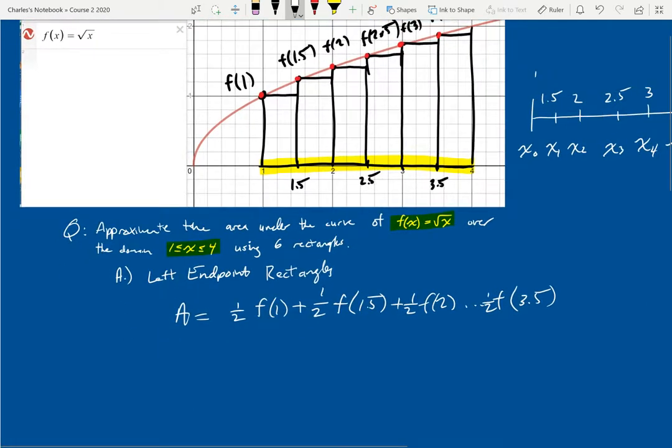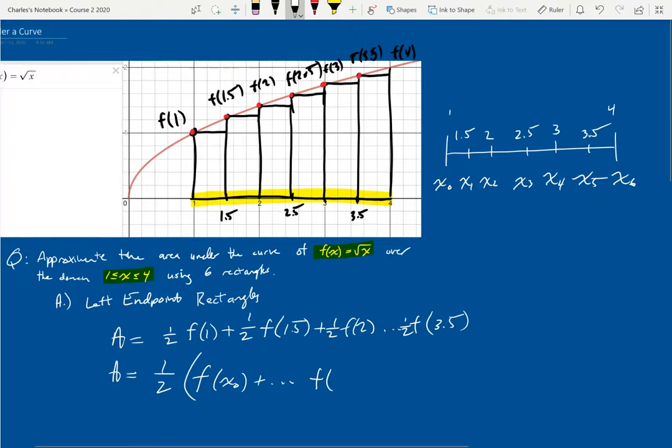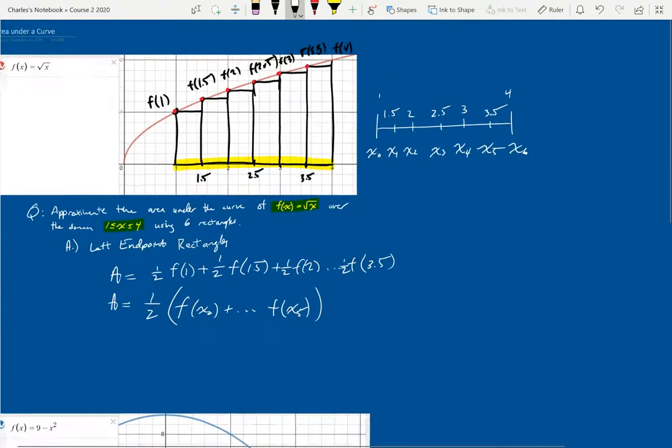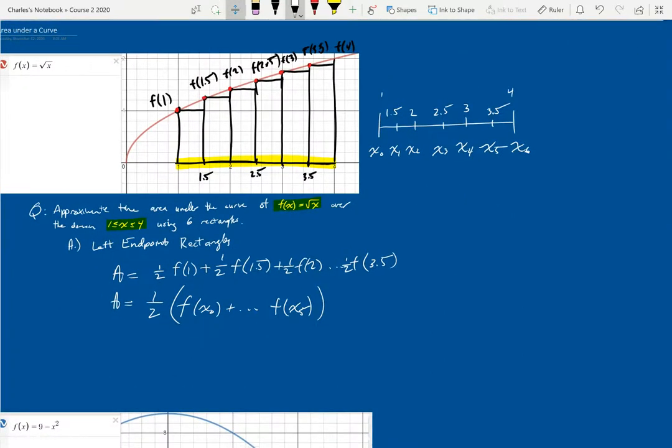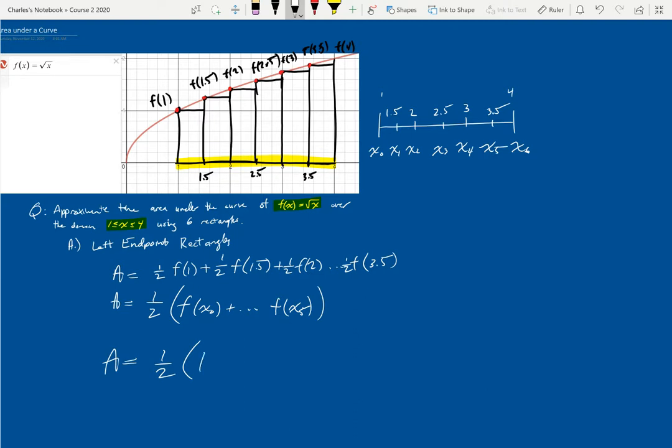Or I could think of it as area equals, I could factor out the 1/2, and it would be f of x sub 0 plus all the way to f of x sub 5. Or if I just wanted to throw in what I already know to be in there, I could think of this as area is equal to 1/2 times, well, the first rectangle is going to be a height of 1.